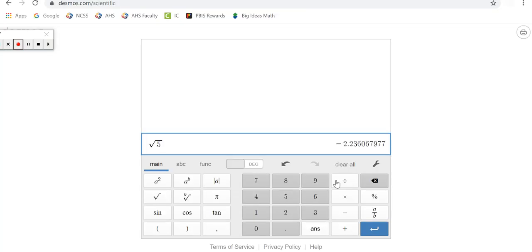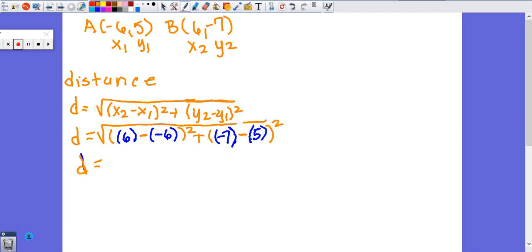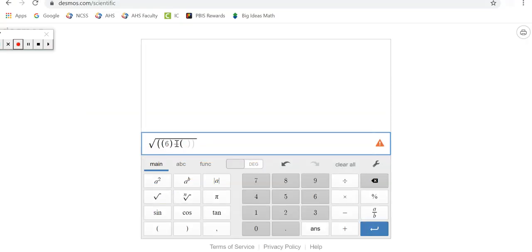So I'm going to go to here, I'll push clear, and let me see what's on my paper. So I get 6, 6 minus, then I had parentheses, -6.